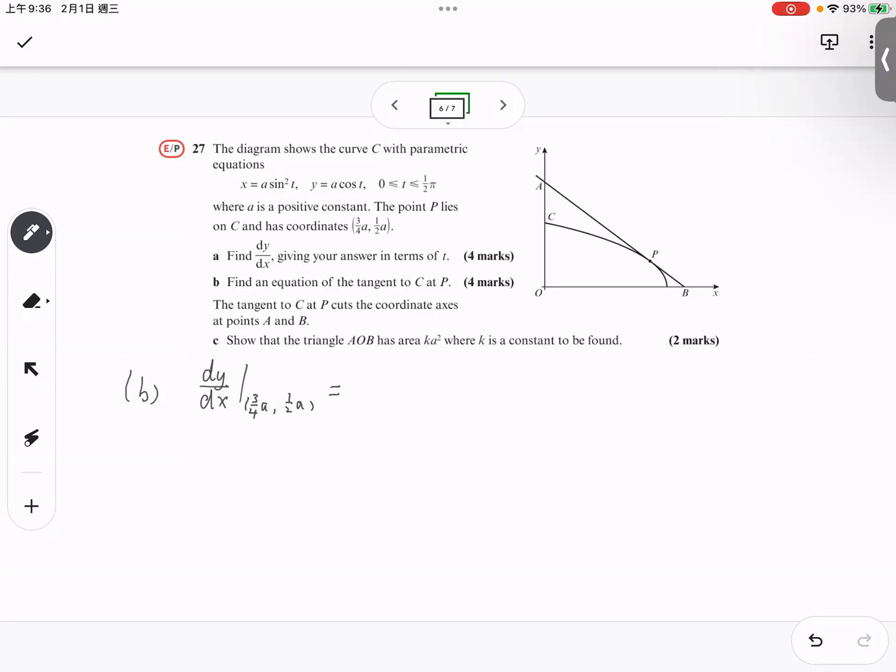You know that this is negative 1 over 2 secant t. We cannot plug in x, we cannot plug in y. So what we need to find out is what a is here and what t is here. So what can we do now? Please pause the video, think about it, and do it before you play the video again.